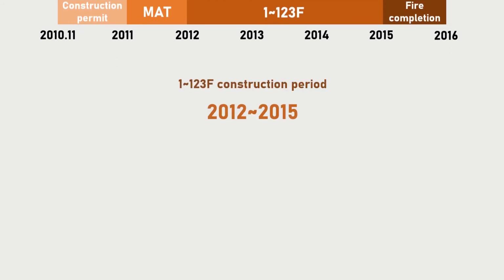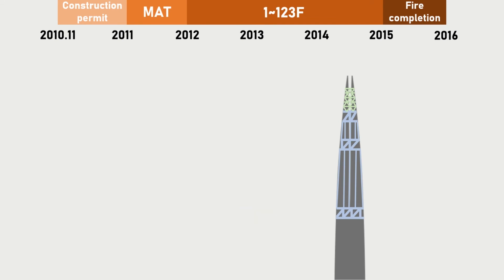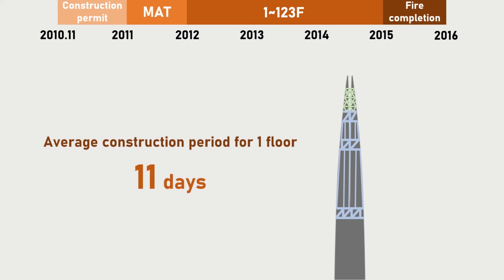It was from 2012 to 15 that the floors began to be raised from the first floor to the 123rd floor. It means that it actually took about 4 years to build 123 floors. In other words, it took 11 days on average to raise one floor.